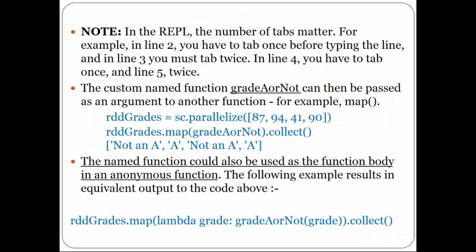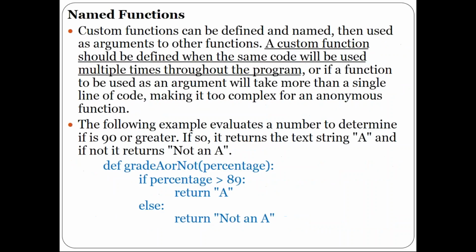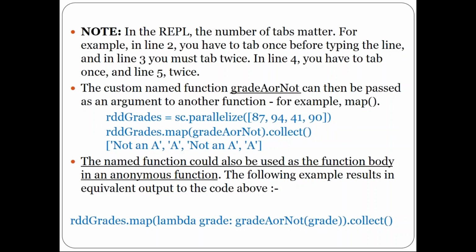Though the whole agenda here is named functions, you have some kind of named functions. I have not covered the named functions because I have just explained the difference between named functions and custom functions. This custom function that I have used in this slide is used as an argument in your slide 2. Custom functions are the functions which you define and get the work done in the way you want. Named functions are the ones with a fixed way they do the work. For example, map is a named function.